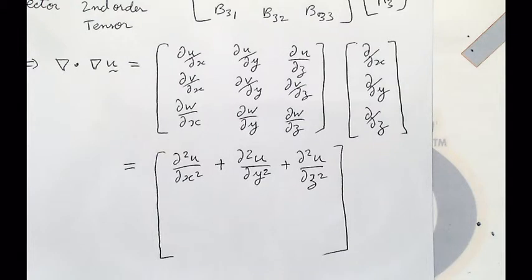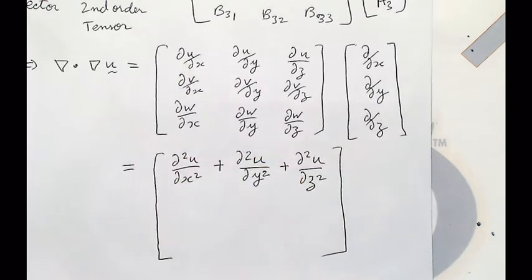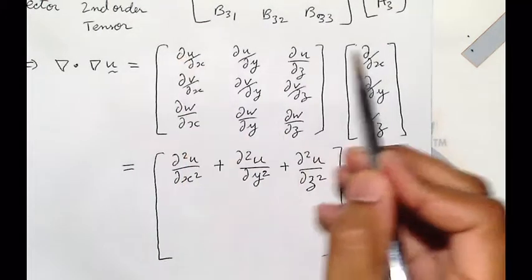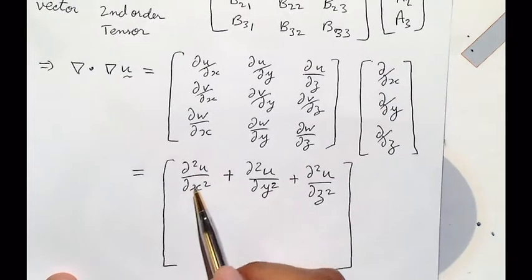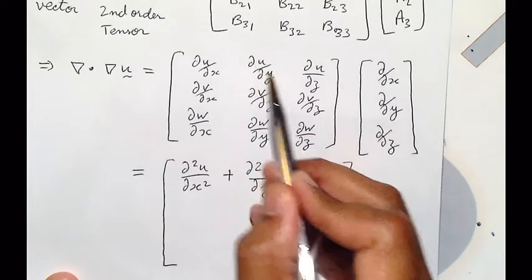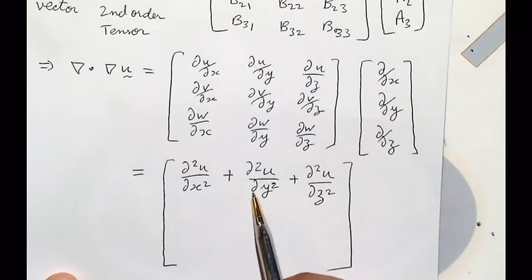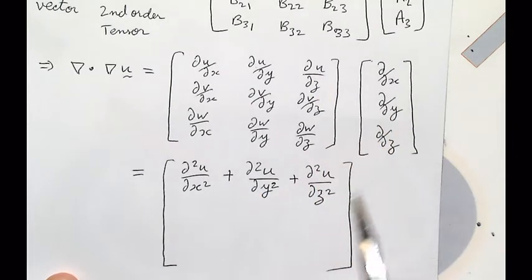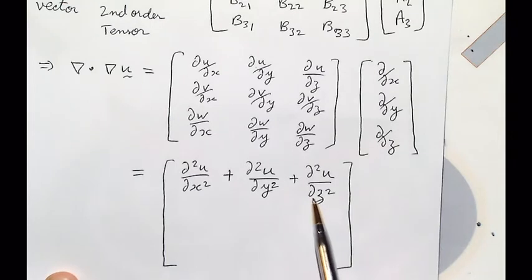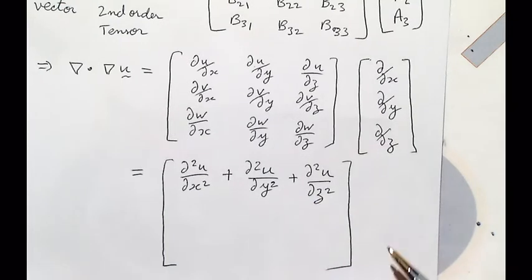But you see, it's relatively straightforward. We're just doing a matrix multiplication. We have del u del x times d by dx, which becomes the second derivative, plus this term times that, which becomes the second derivative here, plus the third term.